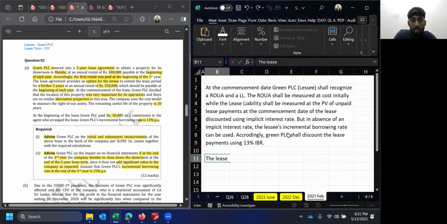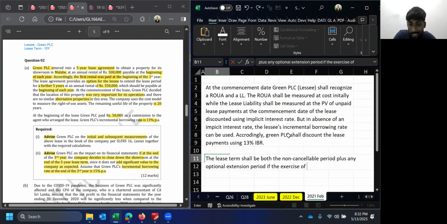The lease term, we need to mention on that. The lease term shall be both the non-cancelable period plus any optional extension period if the exercise of the extension is reasonably certain.